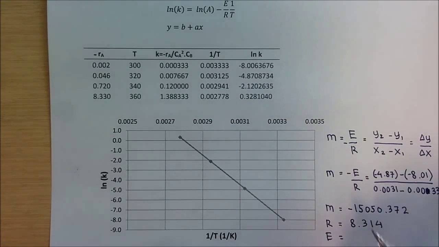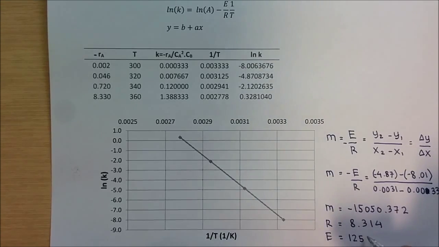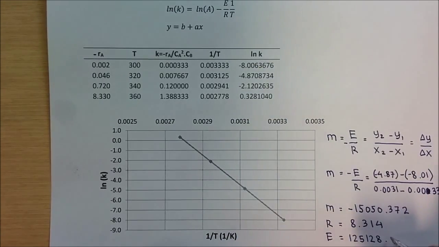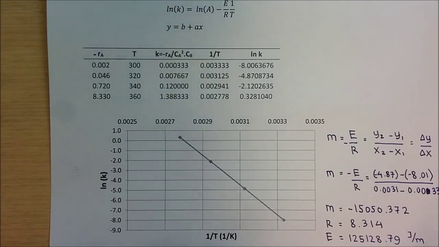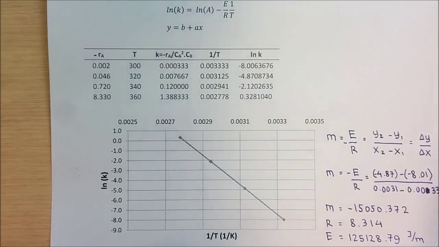It's going to be equal to 128.79 joule per mole, or it's about 125 kilojoule per mole.